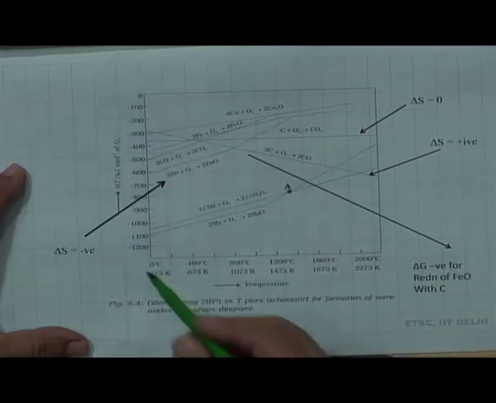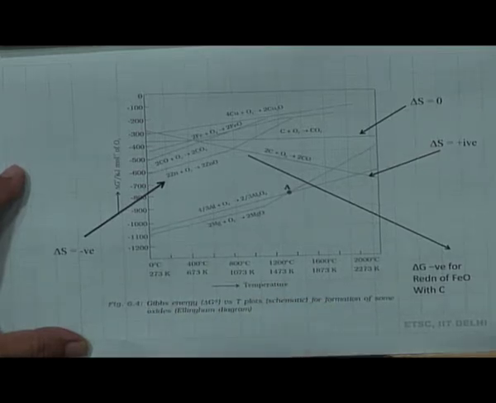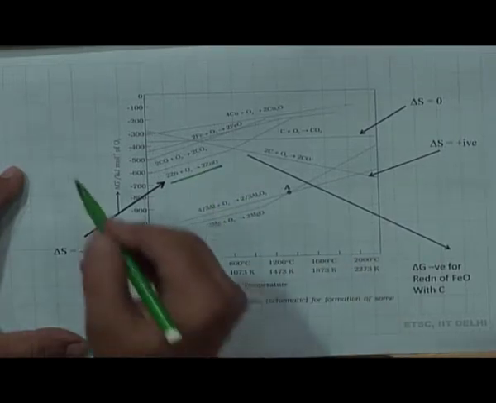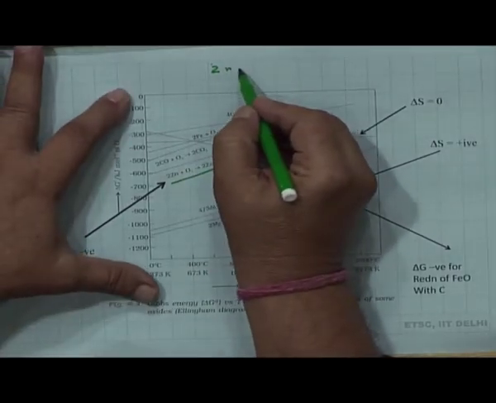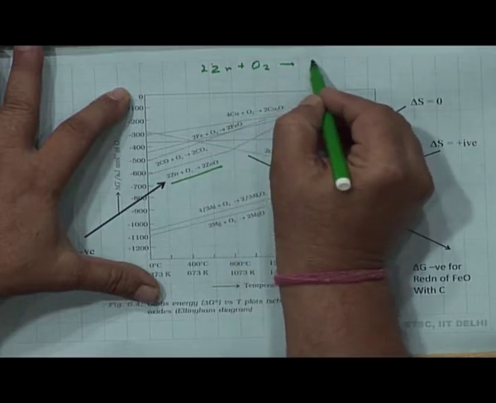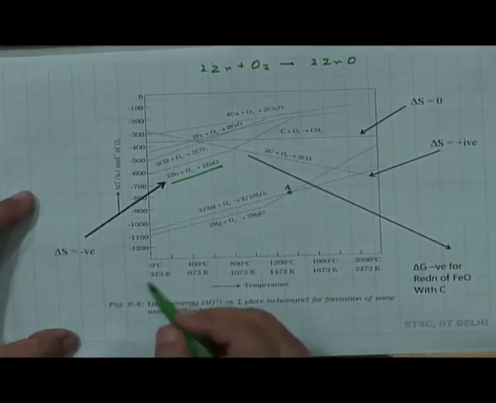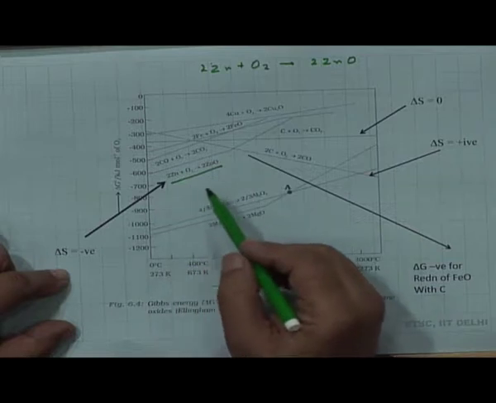On the y axis delta G is there, Gibbs free energy. On the x axis temperature is there. Now, look at this reaction, Zn, I write separately. For this reaction delta S is negative. Why is delta S negative?